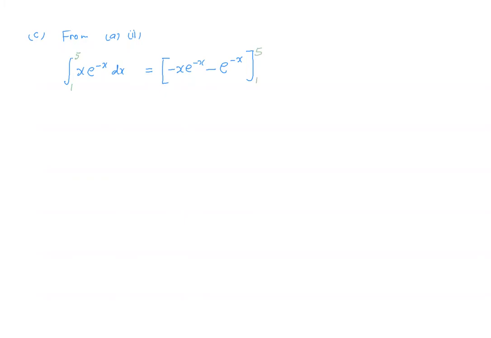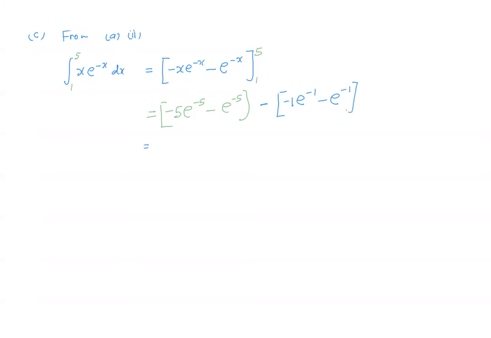So I put here 1, here 5. You see? Now I substitute in negative 5 e to the power of negative 5, take away e to the power of negative 5, then take away, substitute with 1: negative 1 e to the power of negative 1 minus e to the power of negative 1.